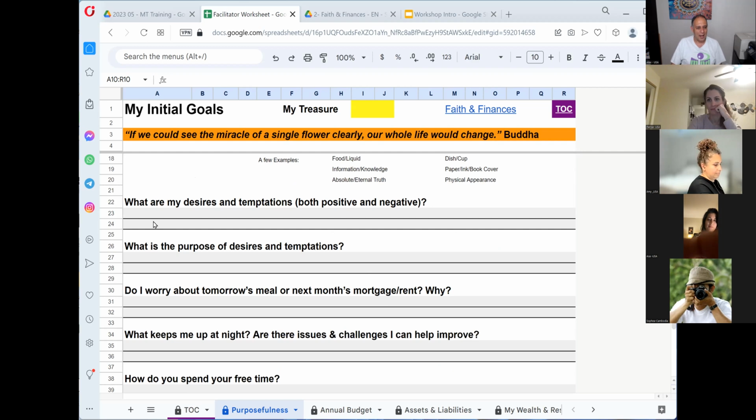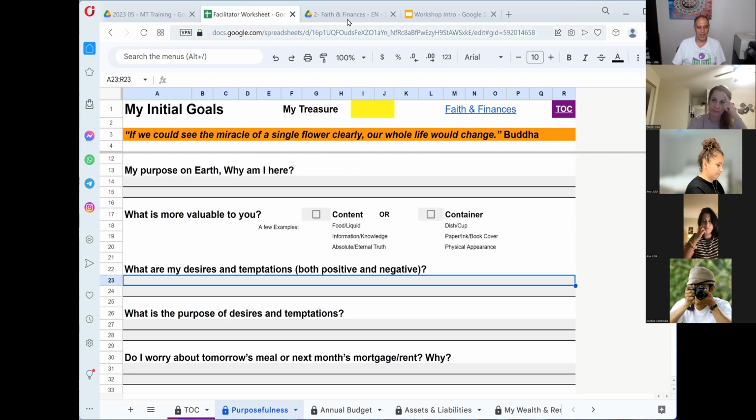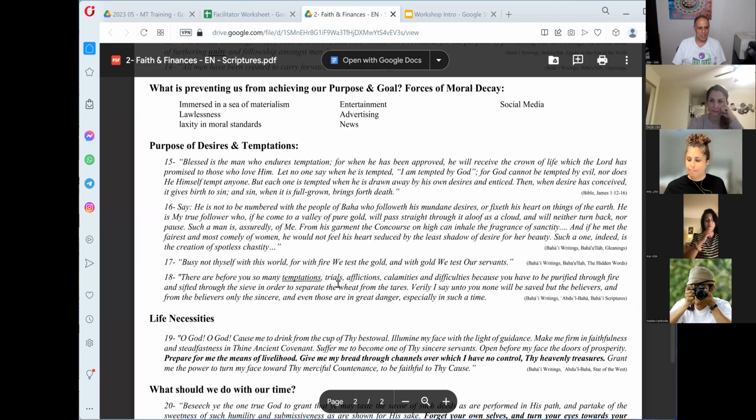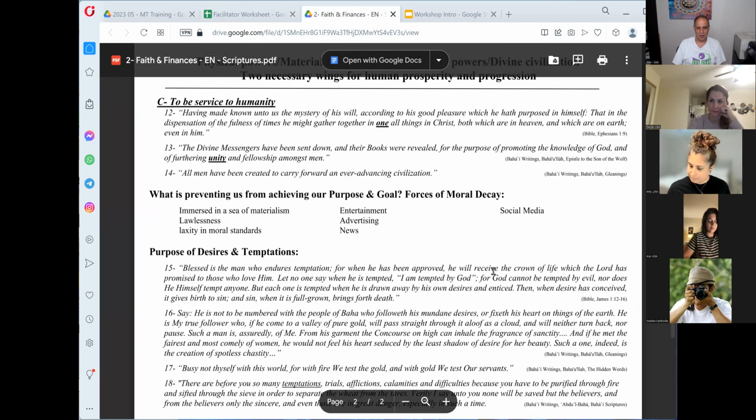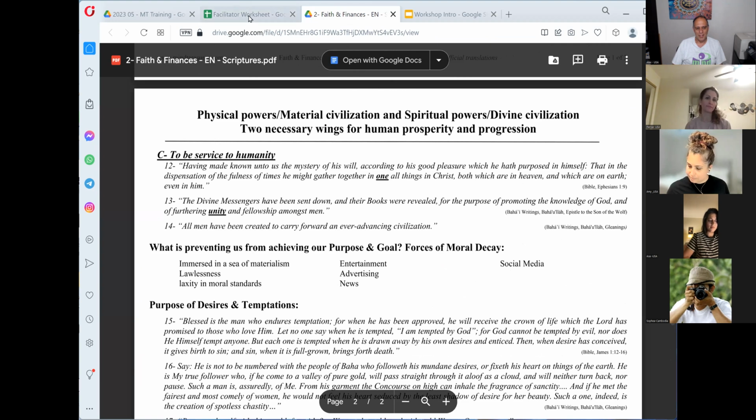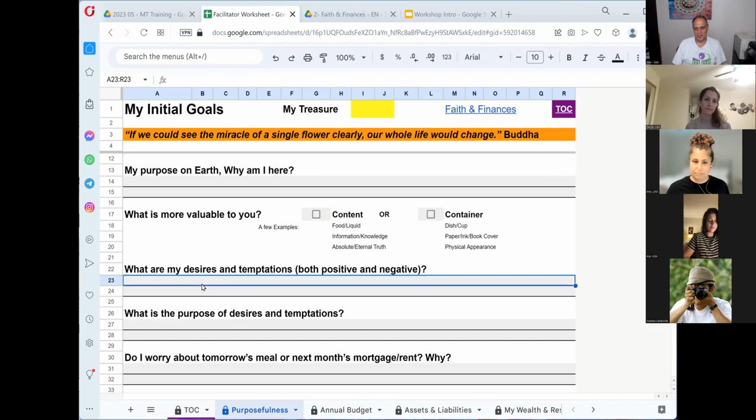All right. Next question. So these are part of our desires and temptations that we have in here. What is the purpose of these desires and temptations? Do they have a divine purpose, or are they there to derail us from our path?